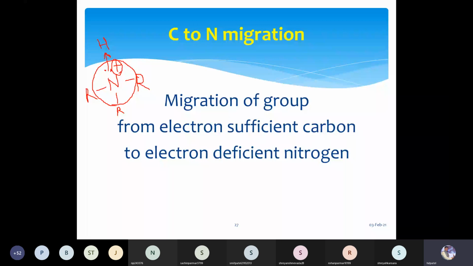Here the positive charge is there only because of the bond formation, but in that bond formation only the electron from nitrogen is transferring to the hydrogen. Second, I have asked that if this is the condition, then nitrogen can react with a nucleophile, means it can react with Nu minus.